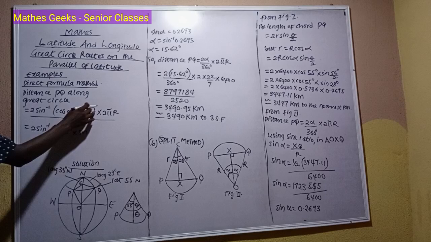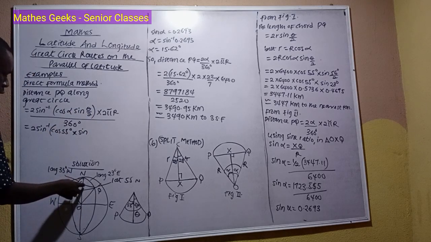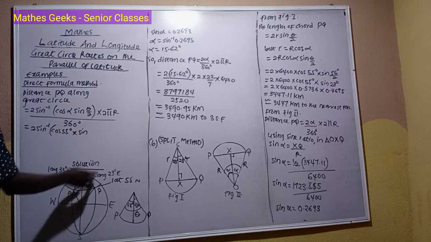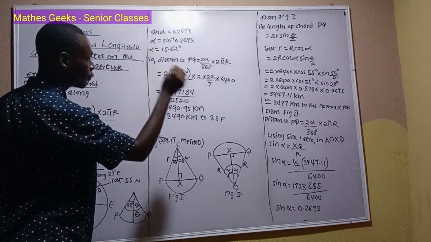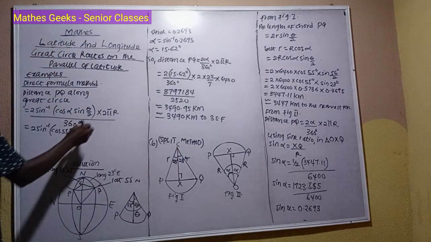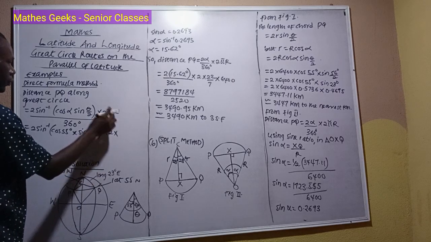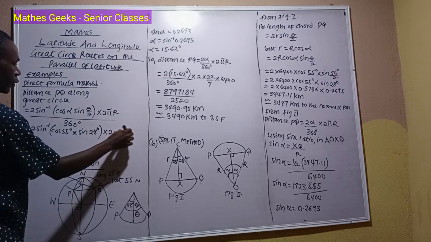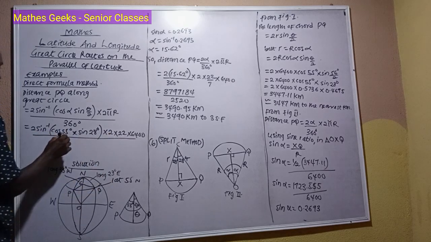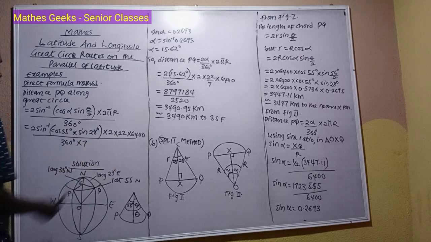Theta is the angular difference between P and Q on the parallel of latitude, which is 56 degrees, and half of it is 28, so sine 28 degrees, times 2 times 22 times 6,400 over 360 degrees times 7.